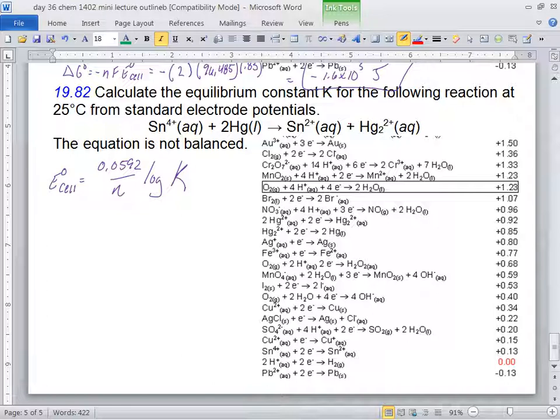Tin 4 plus going to tin 2 plus. And mercury liquid going to mercury 2 plus. That's got to be this one. I have to flip the mercury liquid one.